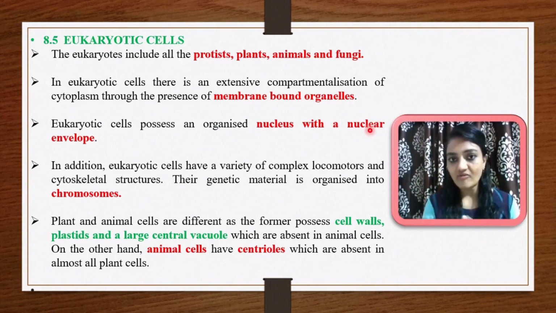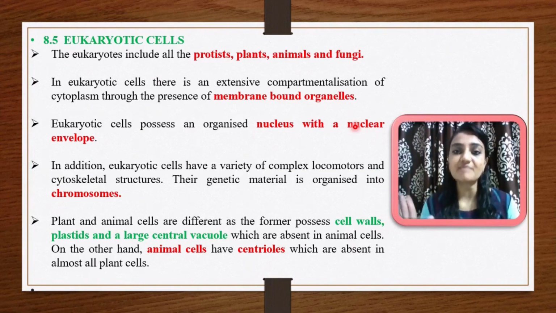What is the difference between a eukaryotic cell and a prokaryotic cell? The basic difference is the presence or absence of a nuclear envelope. If a nuclear envelope is present, it is a eukaryotic cell, and if not present, it is a prokaryotic cell.